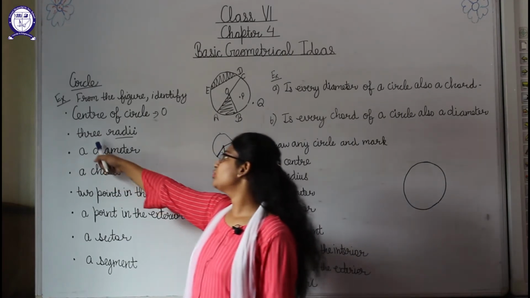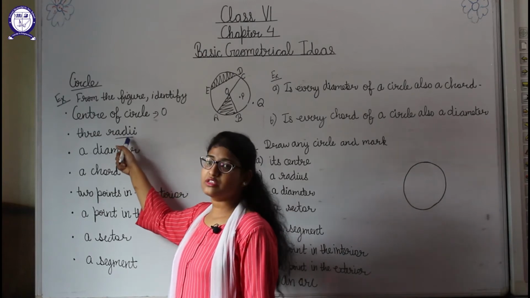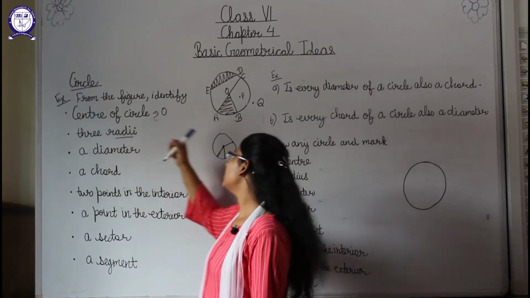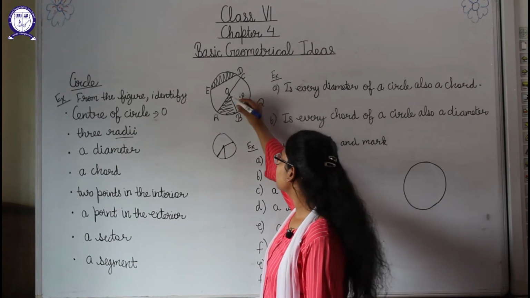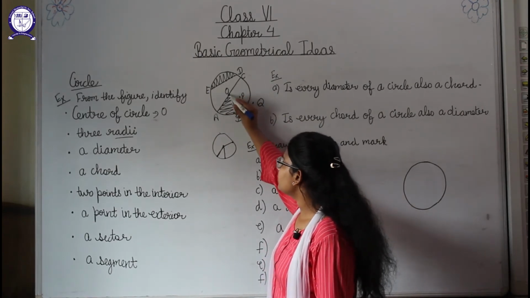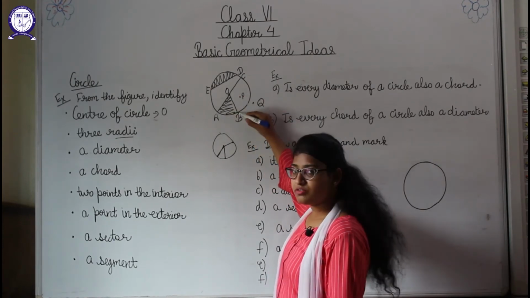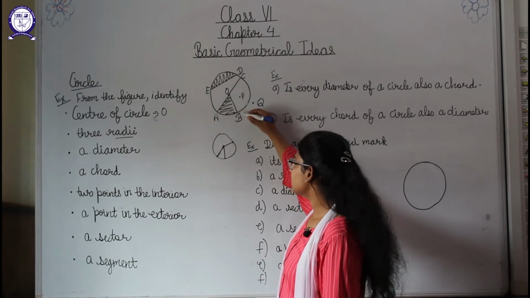And when we are talking about 3 radii, the plural, in place of radius we put radii. Okay, so 3 radii we have to tell in this figure. So OA is here, so it means OA is a radius. OB is on the boundary of the circle, so OB is another radius.